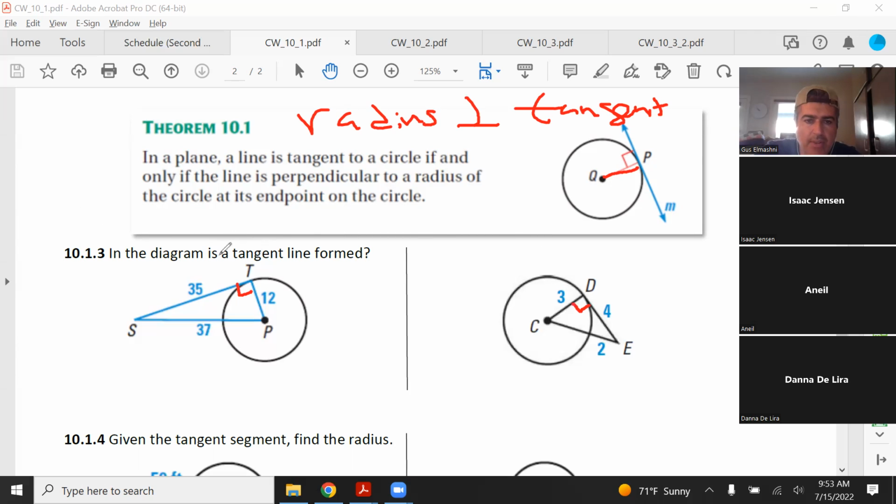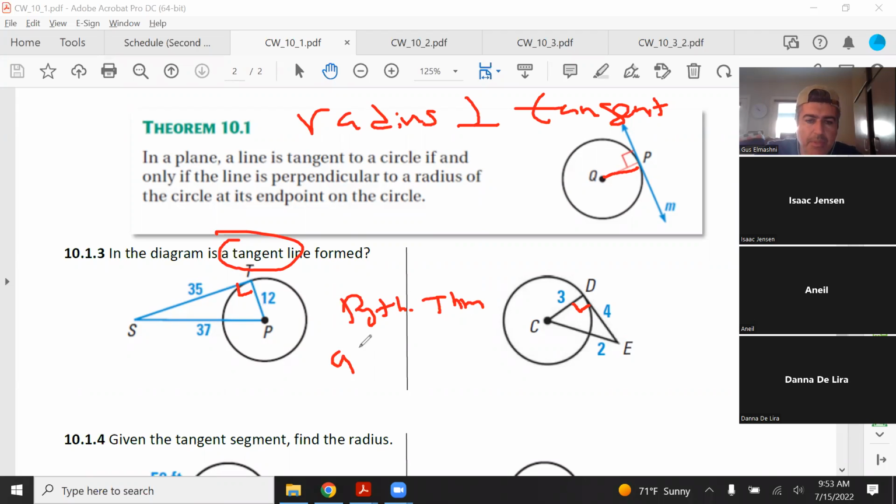So you ask, is there a tangent line here? Well, actually, we need to figure it out. This is where you have to extend yourself a little bit. What do we do with right triangles and sides? Pythagorean theorem. Of course, we did trig also, but the Pythagorean theorem is how we compared the sides with each other, right?